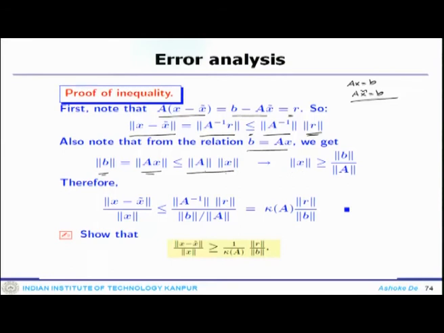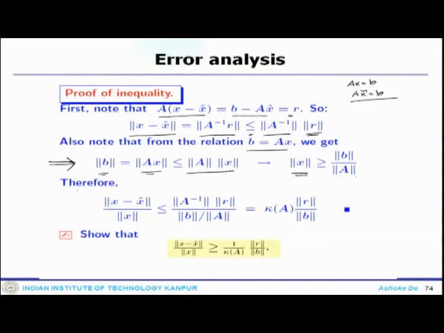So, what one can write is that the norm of x is greater than or equal to the norm of b divided by the norm of A. You just use this simple relationship of the norms for vectors and matrices.